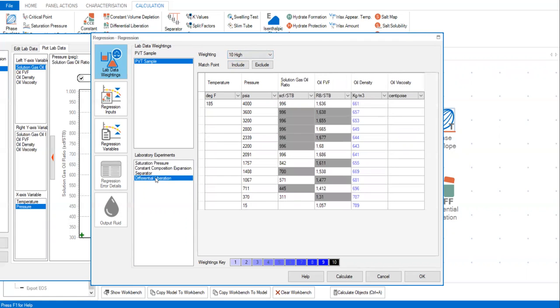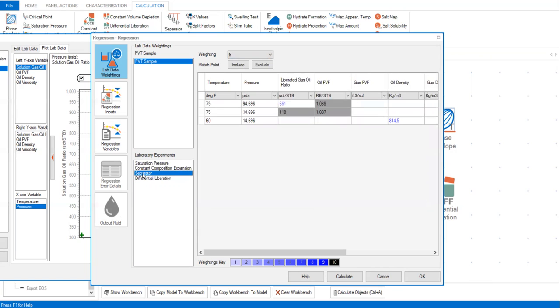And then for the differential liberation, the weighting of 6 for oil density, and we also include GOR and oil formation volume factor, but some of the data are excluded. And for the separator test, this with 5, this with weighting of 7. Okay, so I think we can close this.